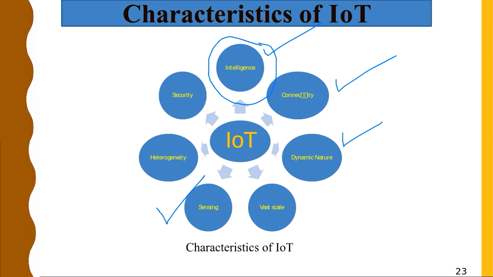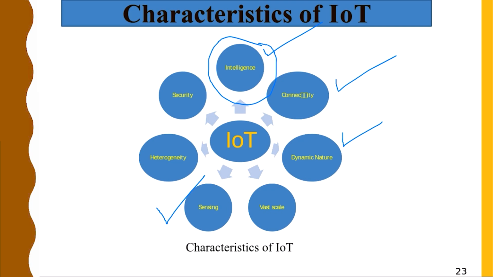Rest of the time it will be sleeping, because it has to use that power efficiently. Power is not unlimited. If it is mobile in nature, it is not plugged into the supply all the time. In that case, it has a limited source of power, a battery that it has to use efficiently, right? So this is the dynamic nature.